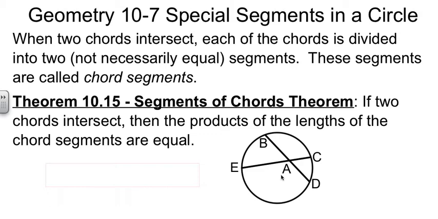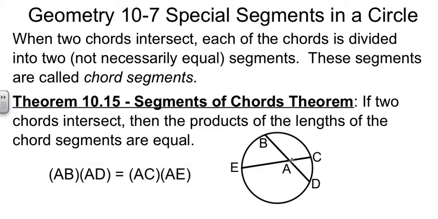And what our first theorem of this lesson tells us is that the product of the lengths of those segments is equal. So what they're telling me is AB times AD is equal to AC times AE.